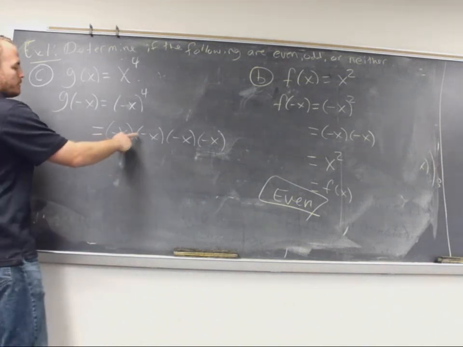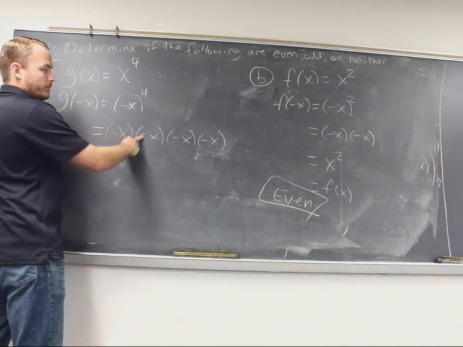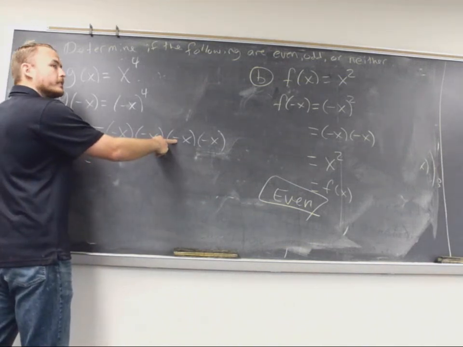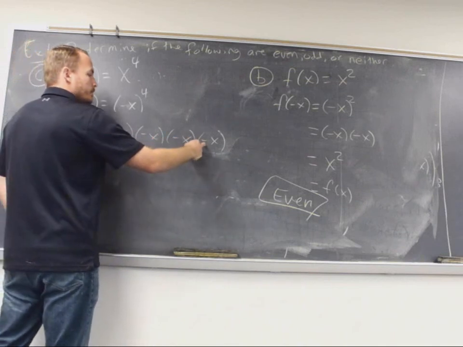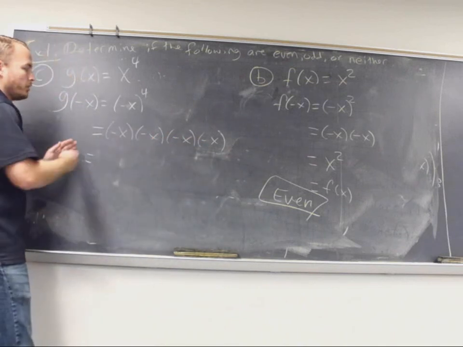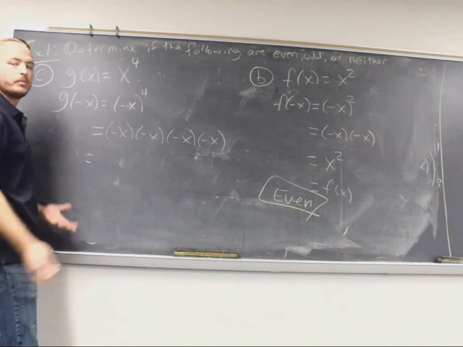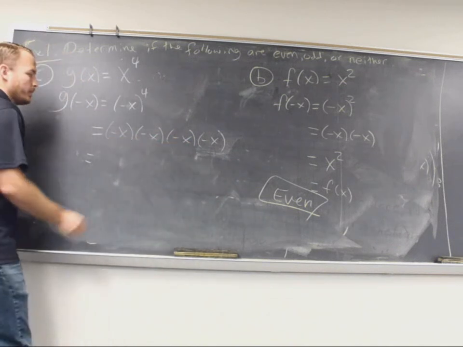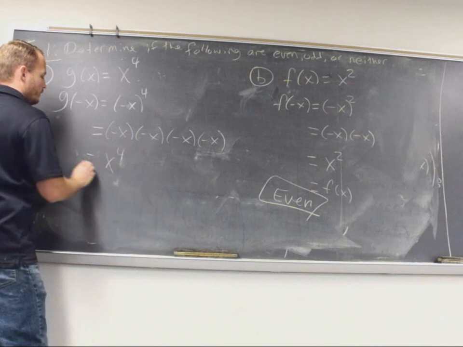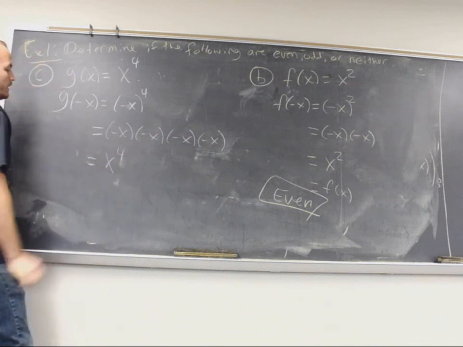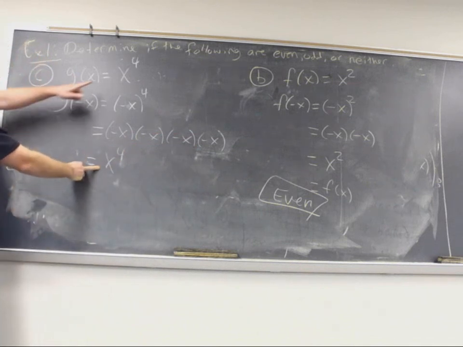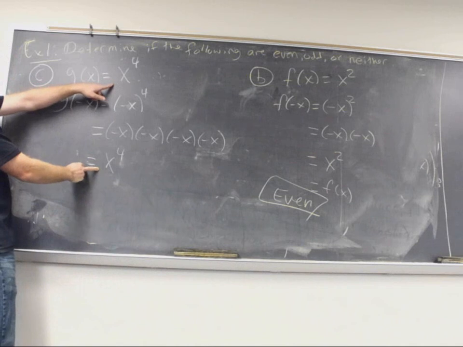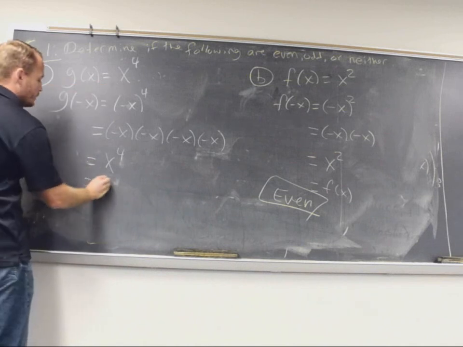So negative times a negative is a positive, and then a positive times a negative is a negative, then a negative times a negative is a positive. So multiplying these four negatives together winds up with a positive. And then I have four x's here that are multiplying together, which gives me x to the fourth. And notice that this is the same as the original function. None of the signs changed. So that's equal to g of x.